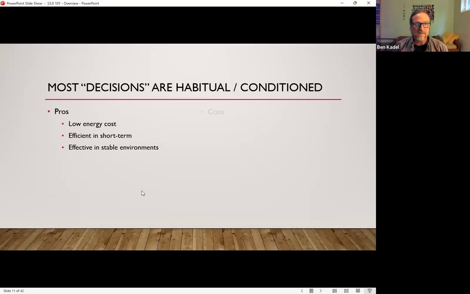And if you are living and working in a stable environment, generally those decisions continue to fit, so they're very effective. The downside is we know from science and experience that a lot of the way we think things through is subject to biases and heuristics, that we don't actually see things in an accurate and clear way, and a lot of times our decisions reflect that.